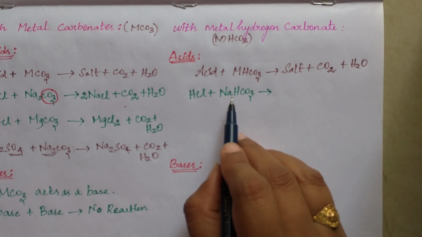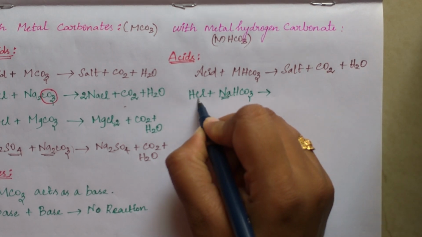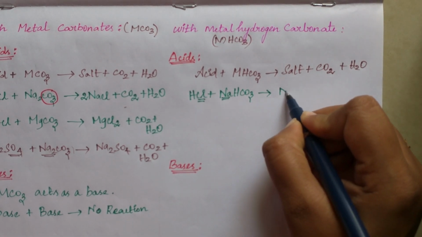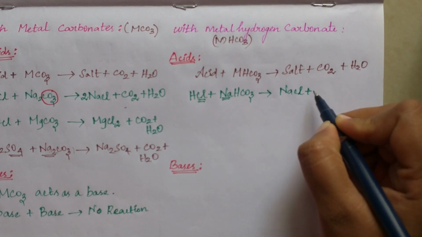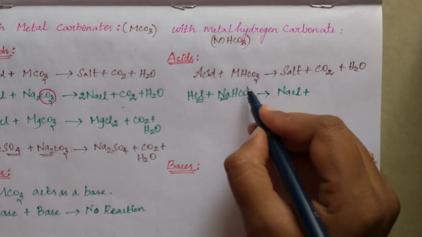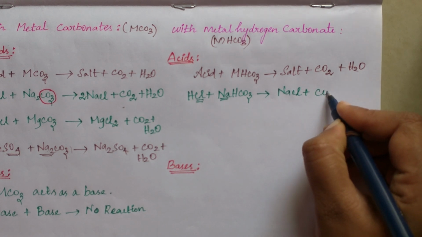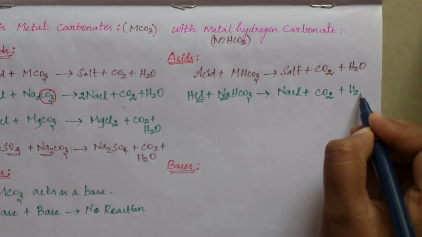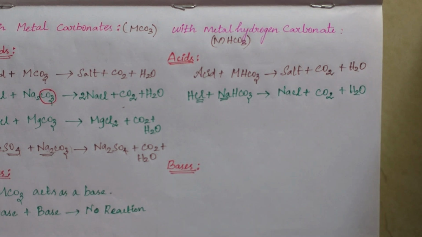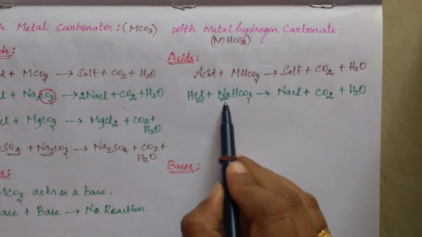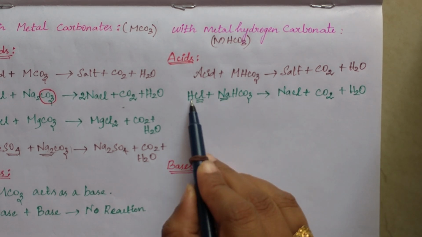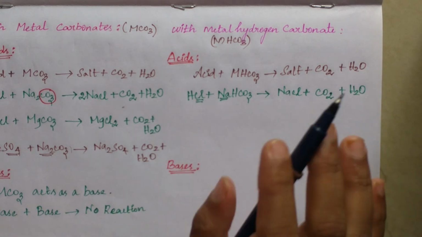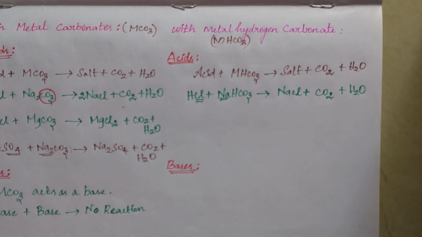The salt formed here is Na and Cl combining to form NaCl. And next, from CO3 as I said, CO2 will come out and the same water. The products are the same, no changes. To balance this equation, you have to check whether it is balanced or not. See here, Na and Cl are balanced, and 2 hydrogen and 1 oxygen and CO2. So this is a balanced equation.